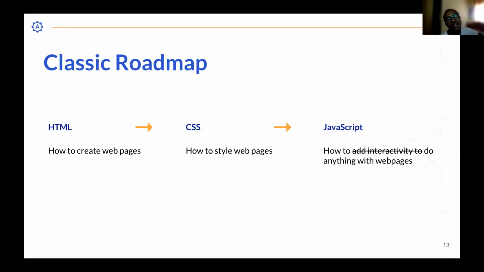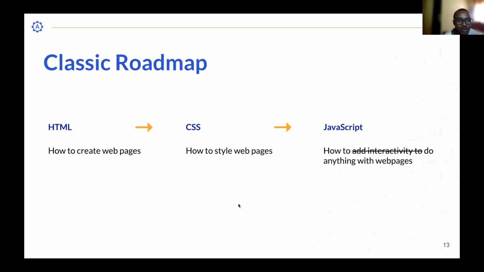When JavaScript started, in the 1990s, it was just to add basic interactivity on the page. But 20 years later, you can do crazy stuff with JavaScript. So how to do anything. Let's say you want to add interactivity. Sure, you can do that with JavaScript.